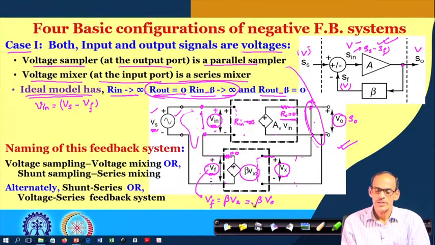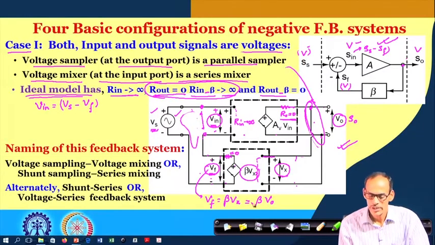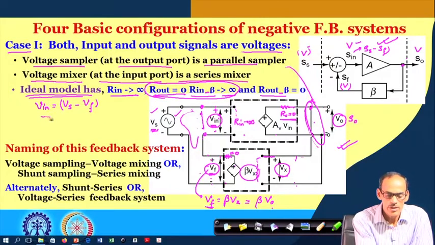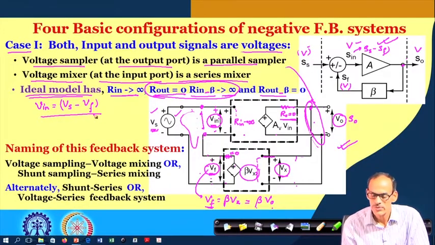So, the desired equation we are expecting, namely V f, will be beta times V o, that we obtain, and here we got V in equals V s minus V f, and also here we have the output voltage, which is A v times this V in. So, I should say this A v represents voltage gain.